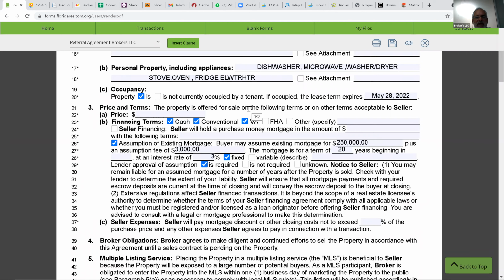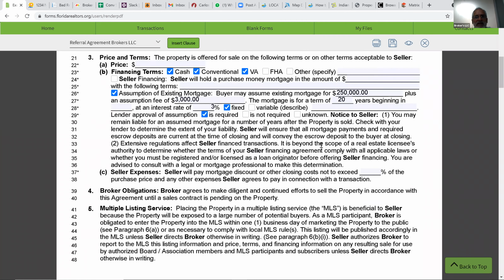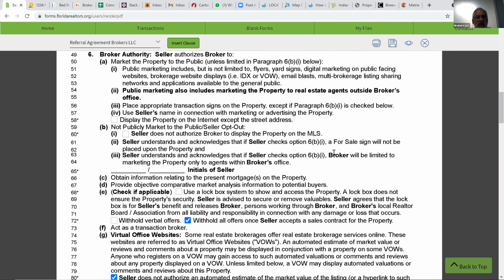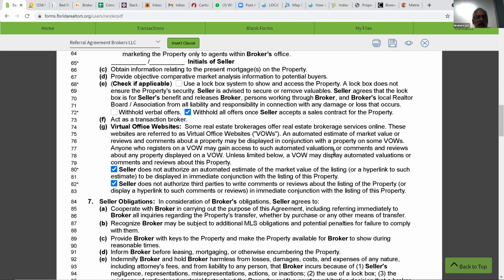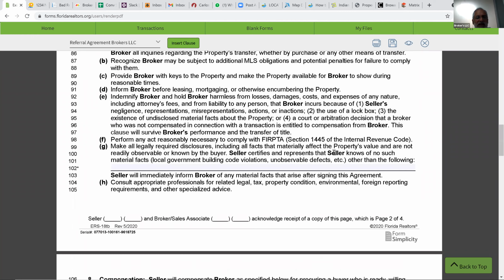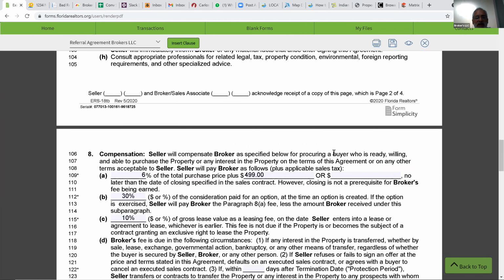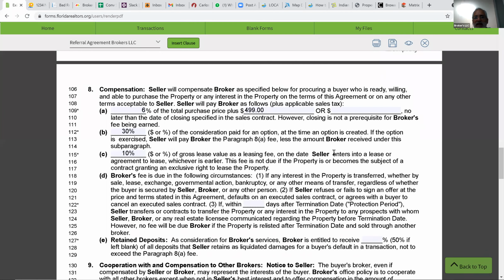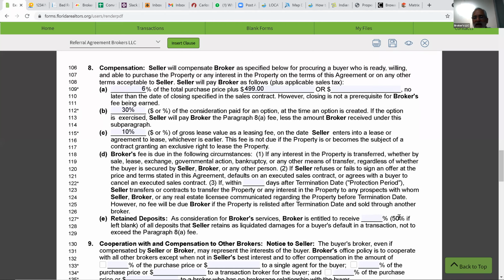If I receive an offer, either in cash, conventional loan, VA, okay, for the full price, the $400,000 that we were speaking about before, that means that the seller is obligated to perform the contract. They cannot refuse to sign the contract, okay? But only the listing agent can do that, not the buyer's agent, because you have this contract signed by the seller. The buyer doesn't have anything signed by the seller, okay?